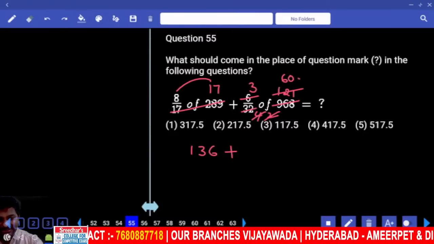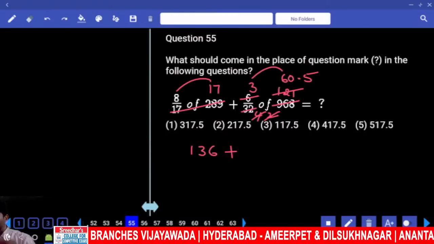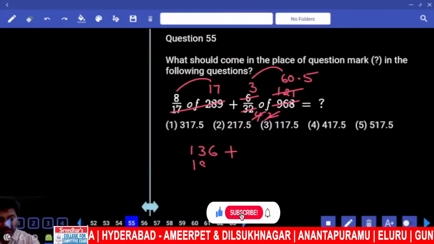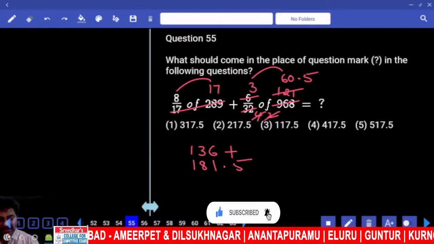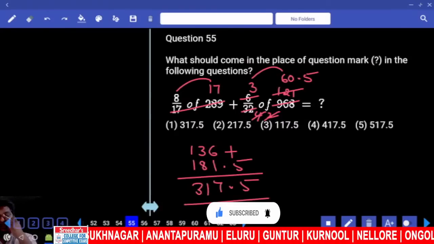That will be equal to 60.5. 3 times of 60, 180. 3 times of 0.5, 1.5. Total 181.5, 7.5, 31. First option.